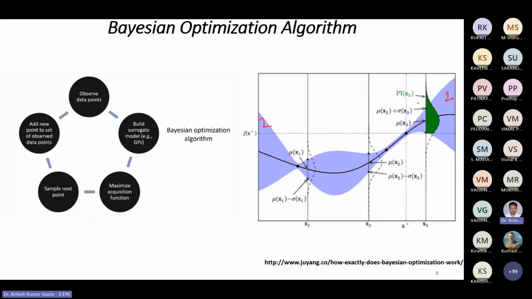By looking at X3, the maximized acquisition function gives the points somewhere here that we need to explore. And that is what the probability of improvement looks like, this PI over here. This is the probability of improvement, corresponding to those regions which are above this threshold line given over here.